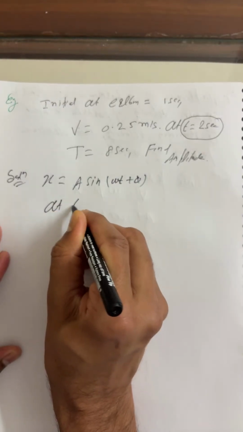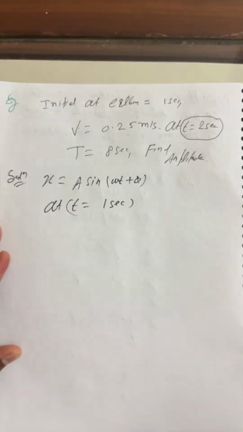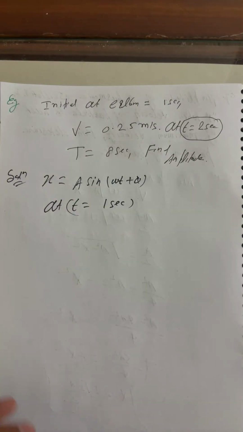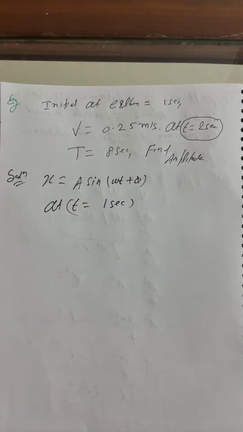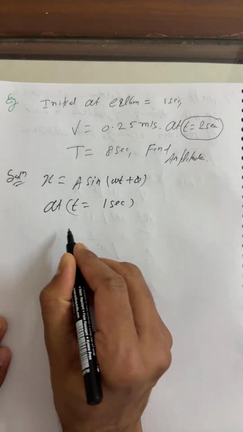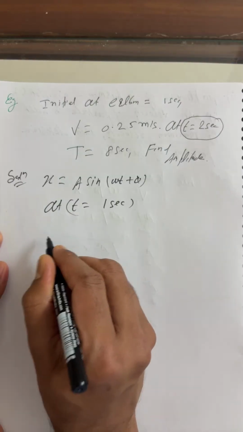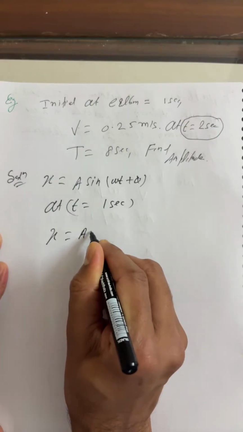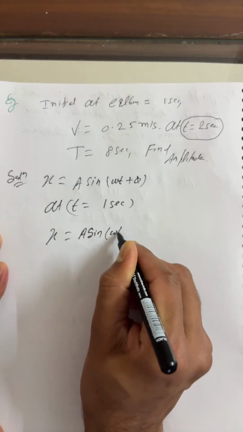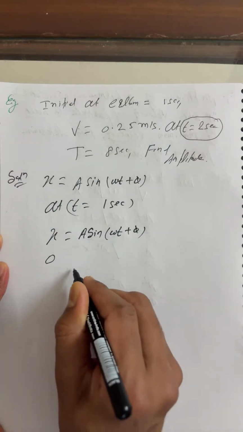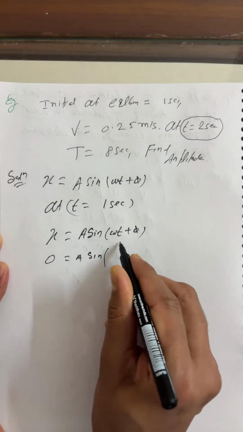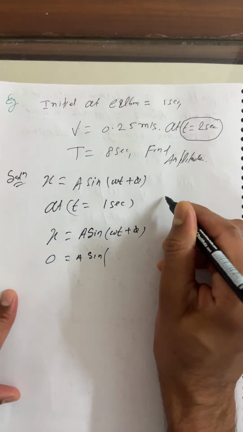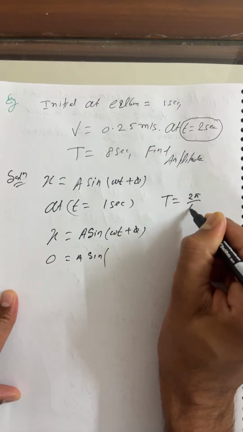Writing again, x equals A sine of omega t plus phi, and x is 0. Omega we can find from the time period, which is 2 pi by omega.